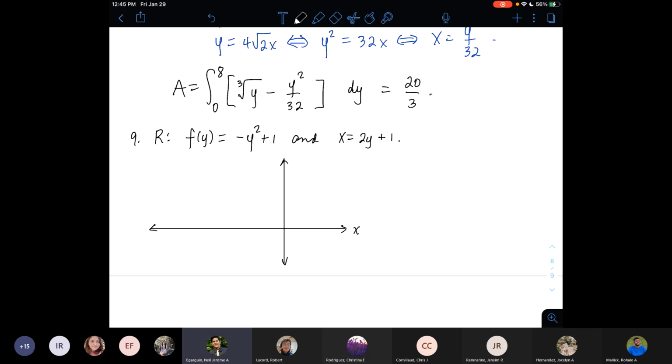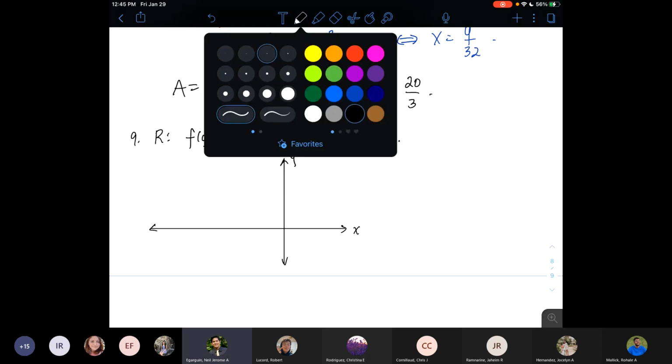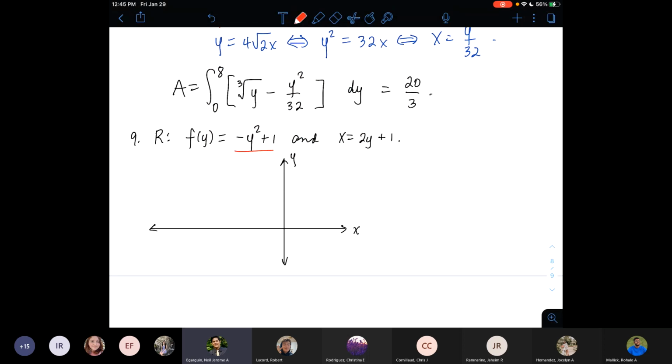Okay, x-axis, y-axis. The first function has a quadratic term in y. That means it's a parabola opening either to the right or to the left. And since y squared has a negative coefficient, this is a parabola that opens to the left. The vertex occurs when y is equal to 0.